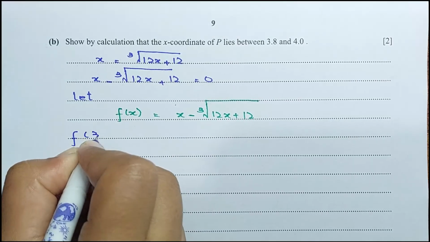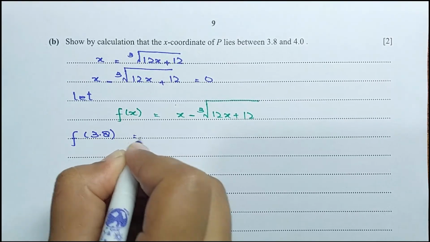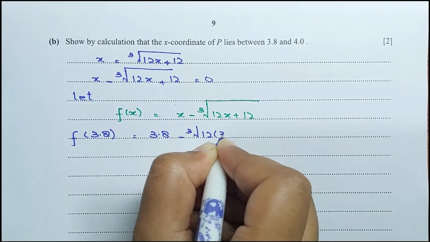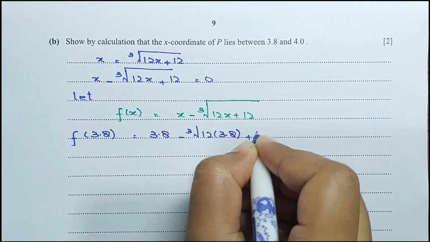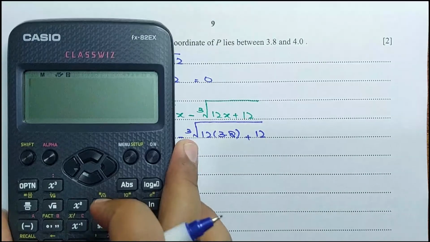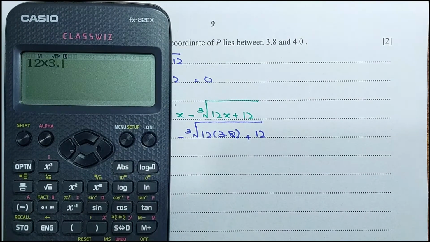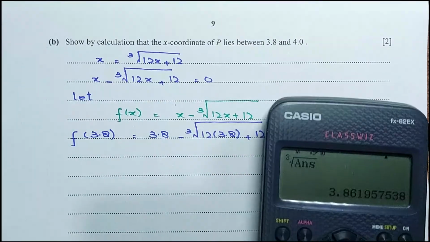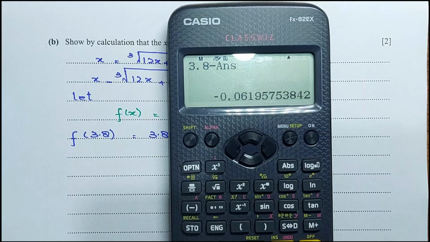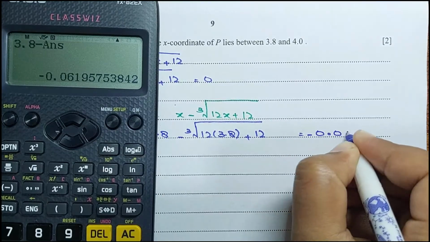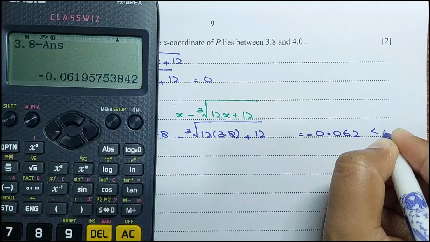f of 3.8 is 3.8 minus the cube root of 12 times 3.8 plus 12. Let me simplify: 12 times 3.8 plus 12, cube root of the answer, and 3.8 subtract the answer, which is minus 0.062. This is less than 0.